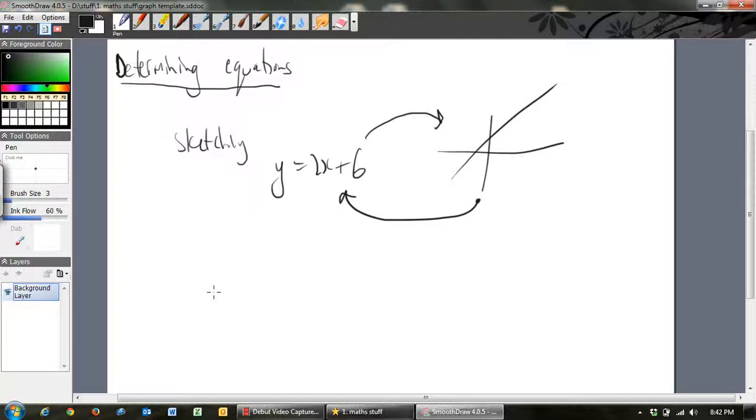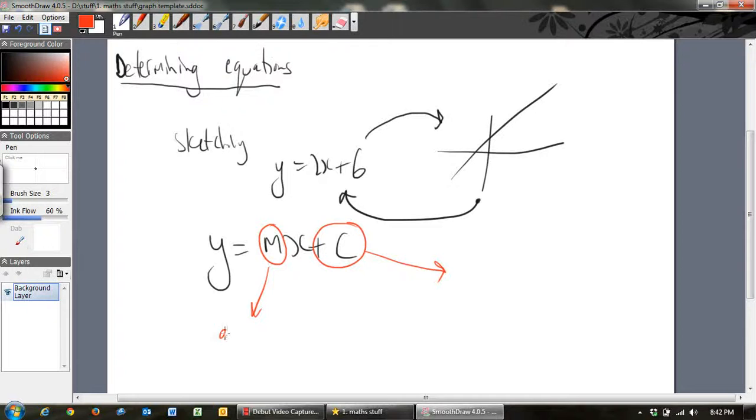Okay, so good. What I'm going to start with is to remind you about what this equation means: y equals mx plus c. Firstly, what does m mean, and what does c mean?